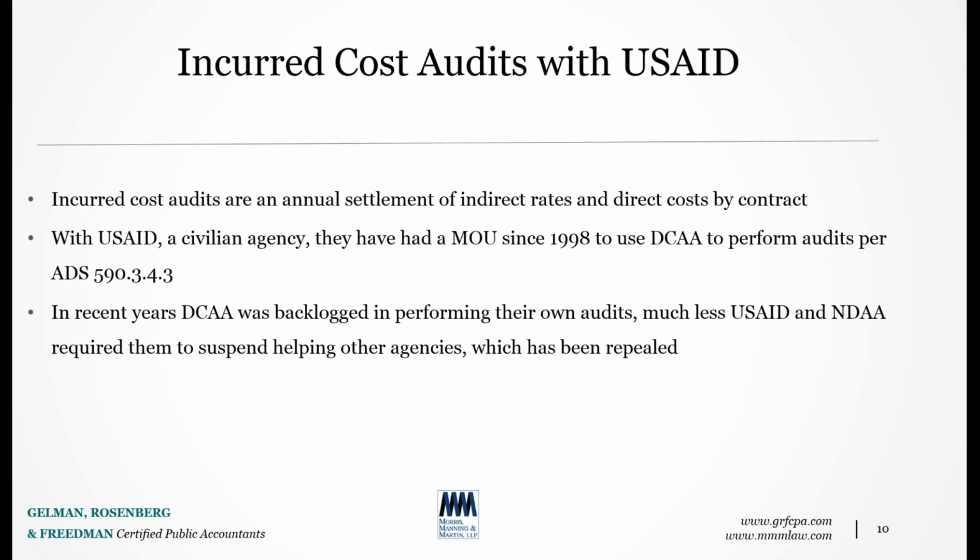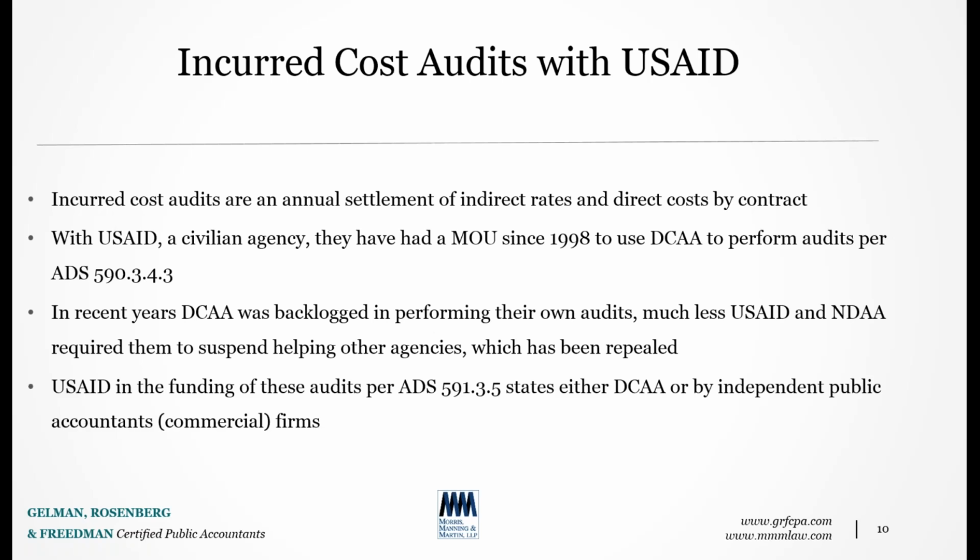And so this really was important for USAID to continue their audits, to have commercial firms. And there it is, there's the citation where now the funding is available for reimbursement either to DCAA or to commercial firms.